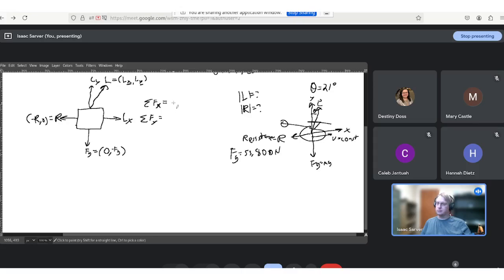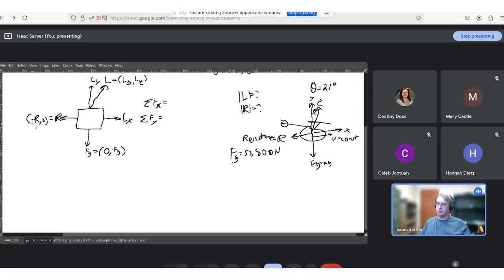All right. So, which force should I write down first and make it positive or negative? Well, we're doing the X direction, so there's two forces in the X direction, Lx and R. I can pick one of those to be positive, one to be negative.